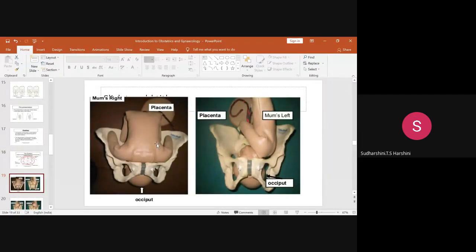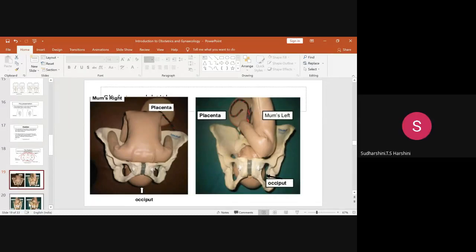Now you should tell what position this is. Where is the occiput? The occiput is here and it is anterior. So this is what? Can anyone tell? Direct occipito-anterior. Understood? This one, the occiput is in lateral position, and this is the left side of the mother. Can anyone tell? Left occipito-anterior.